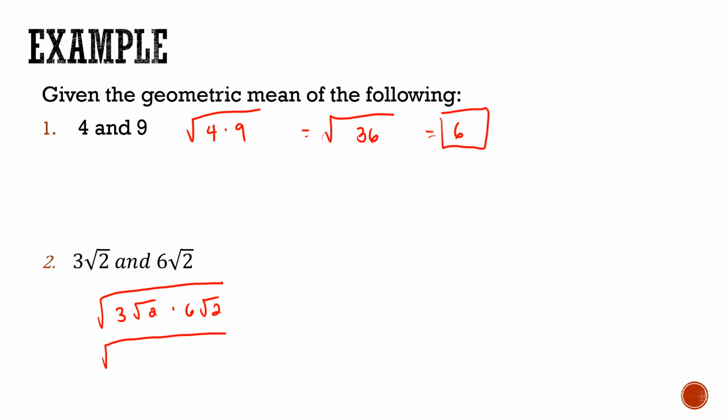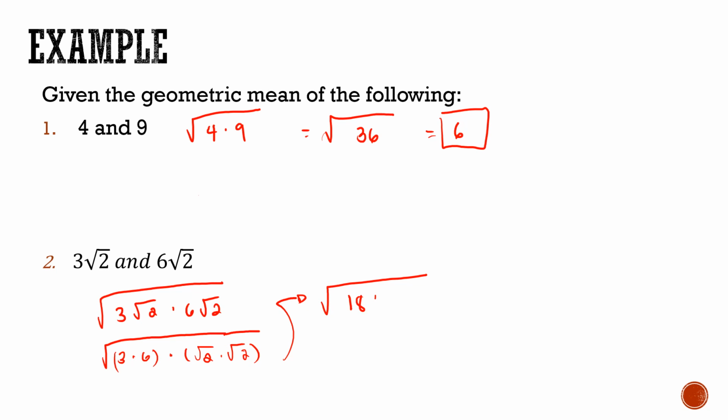So we have 3 times 6 times square root of 2 times square root of 2. So we have 6 times 3 is equal to 18 times square root of 2 times square root of 2.